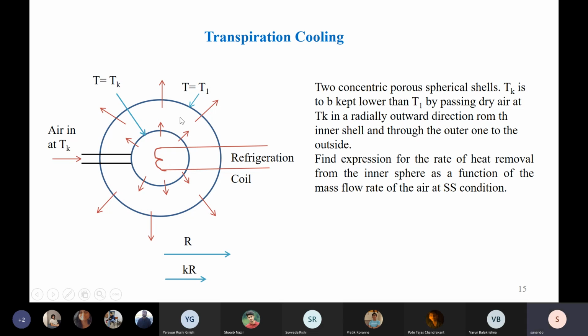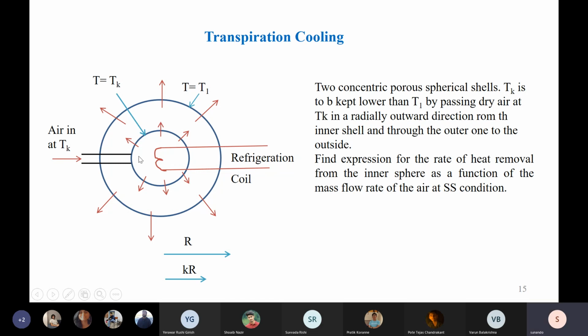Since there is no flow, there is no convection, so there is only conduction from the outer sphere to the inner sphere, and whatever heat comes by conduction must be removed by the refrigeration coil, otherwise a phase change of the liquid will take place.